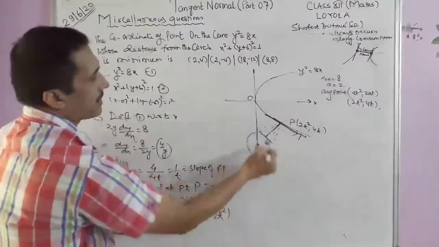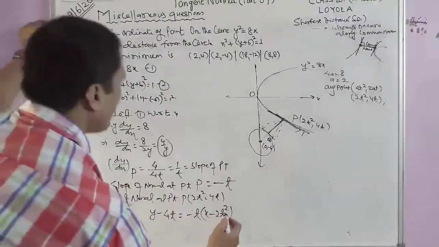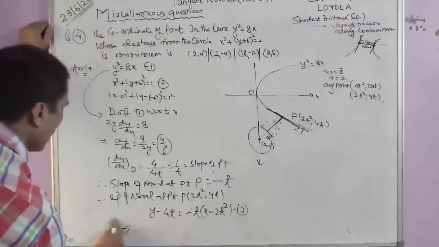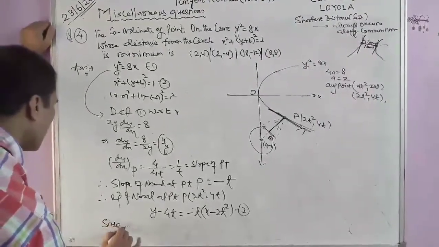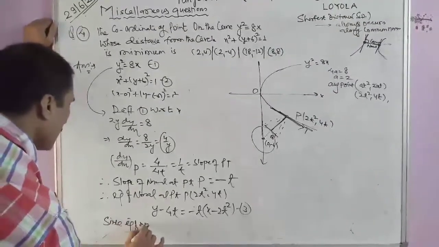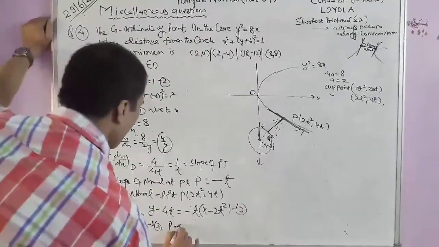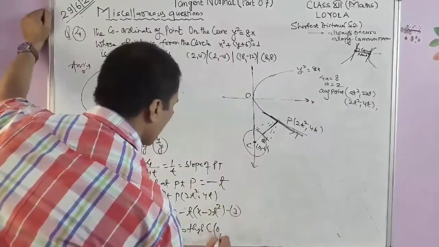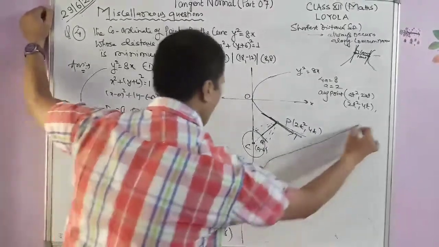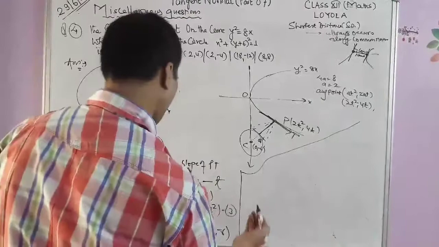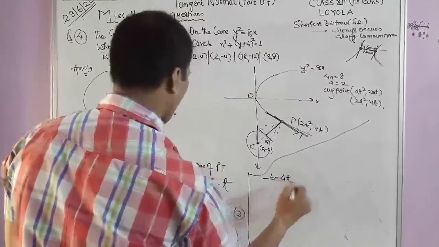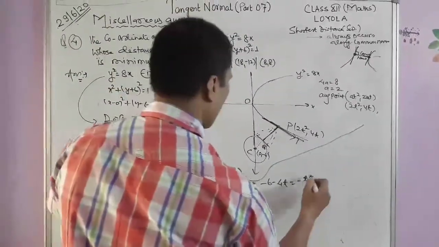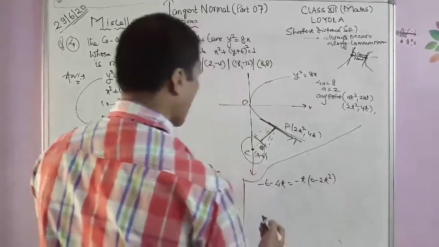Since this normal passes through the center of the circle (0, minus 6), therefore minus 6 minus 4t equal to minus t into (0 minus 2t square).